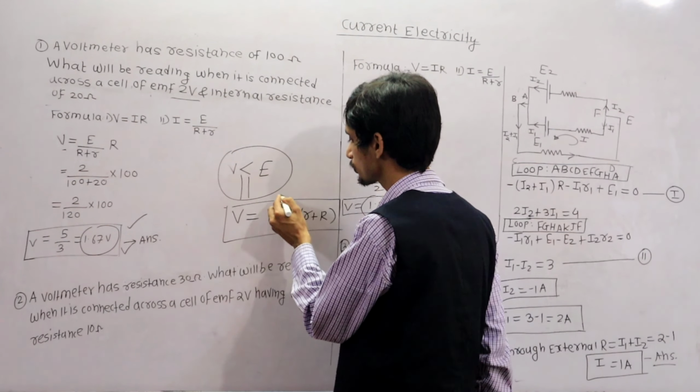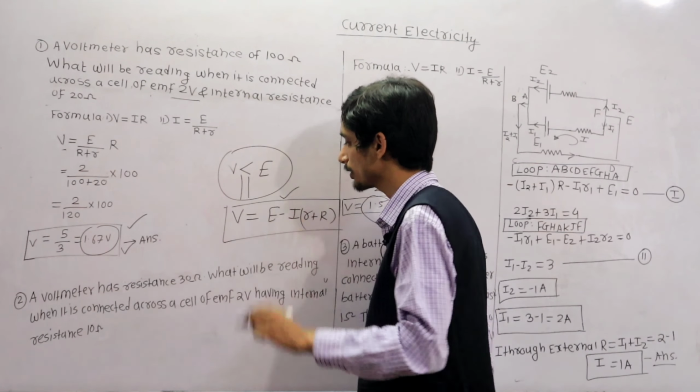So this formula also you have to remember, that is terminal PD is E minus I into bracket r plus capital R. Clear? Okay. Then third problem.